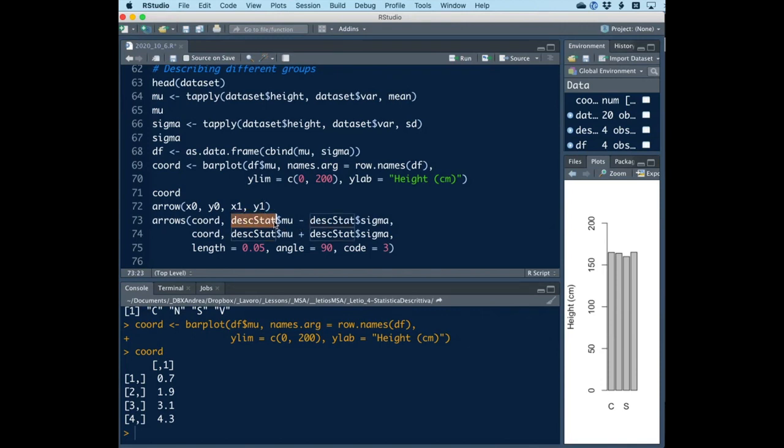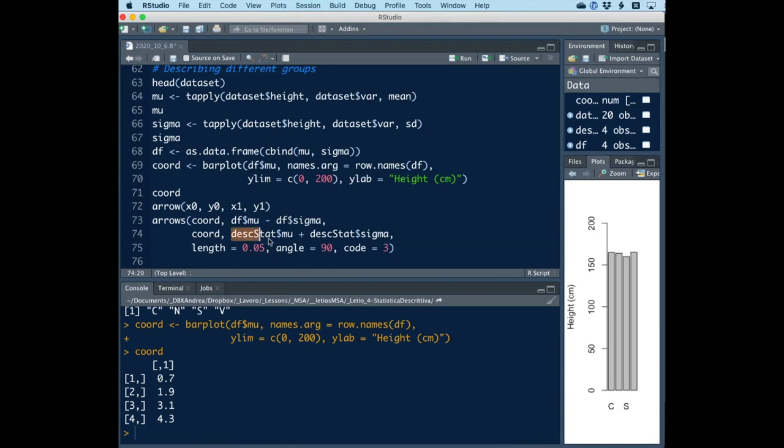So I have to correct here because I have used df here. So it's mu minus sigma, right? Then the arrival point, the arrow must be vertical. So the x for the arrival point is the same as for the starting point.